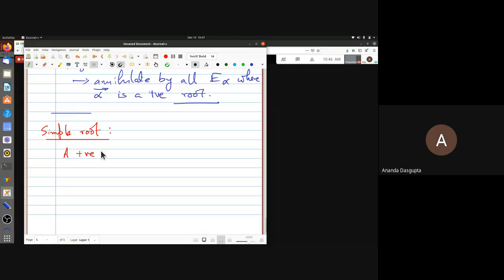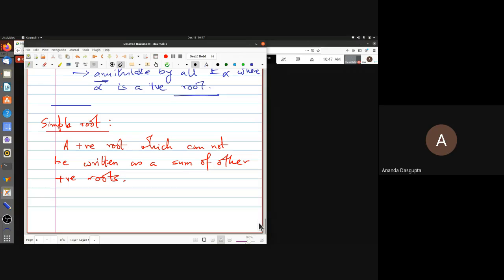It's a positive root which you cannot write as a sum of other positive roots. So just to understand what this means, let's first look at an example.